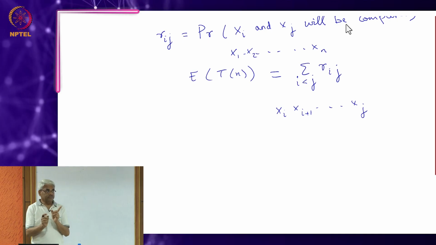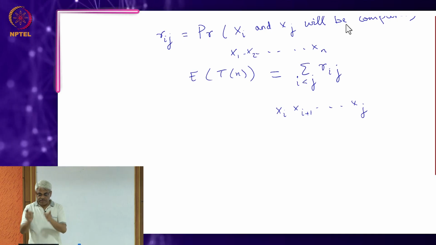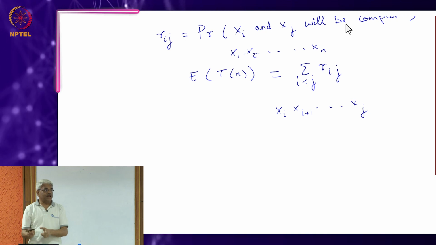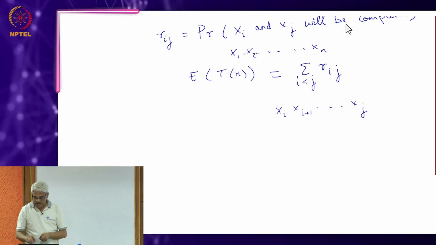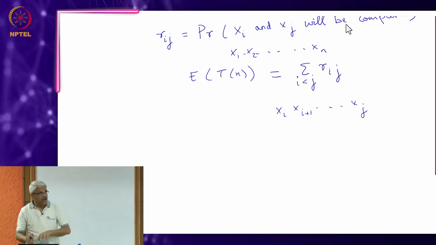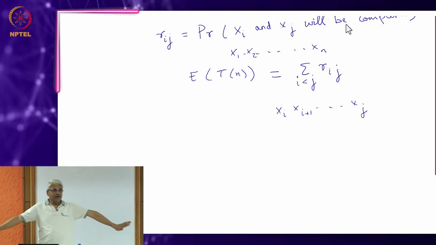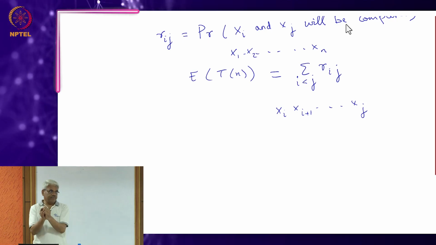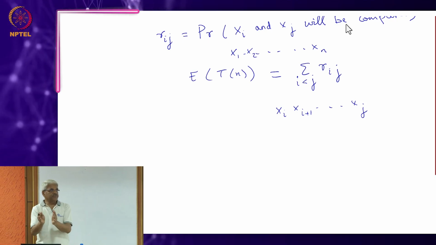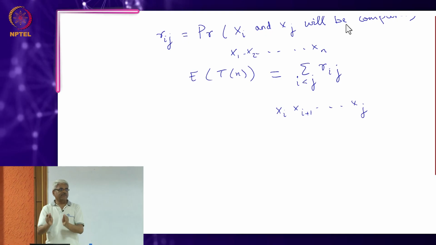That's the point. At this step, xi or xj must be pivot, because when you do this partitioning, if somebody else becomes a pivot, xi and xj will get split, and then they will never be compared. Okay, so at this step, xi or xj must be a pivot. Then xi and xj will be compared.